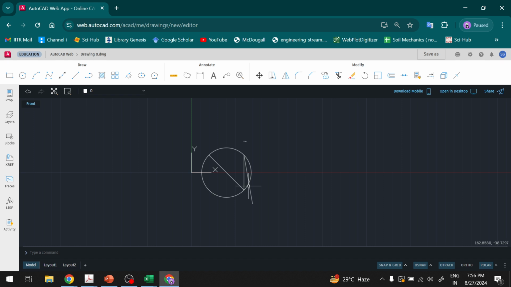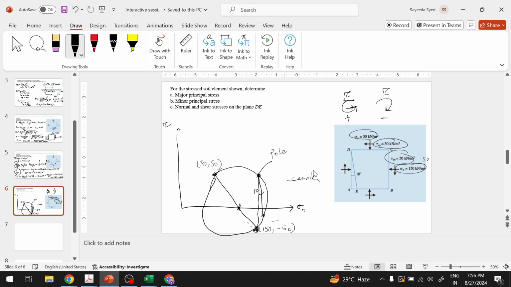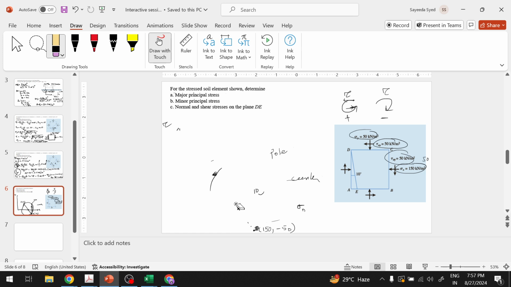Yeah, so this is about 163 comma minus 29. So the stresses on the plane that has been mentioned here will be about 163 and 30. The shear stress will be 30 and normal stress will be about 163. If you calculate it according to your formula, you can cross check it.